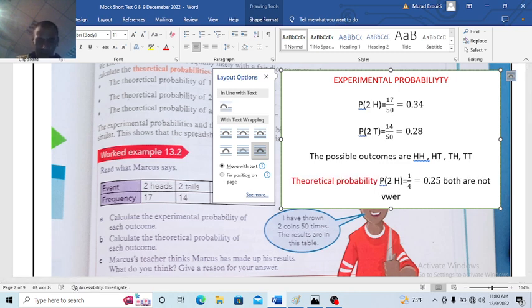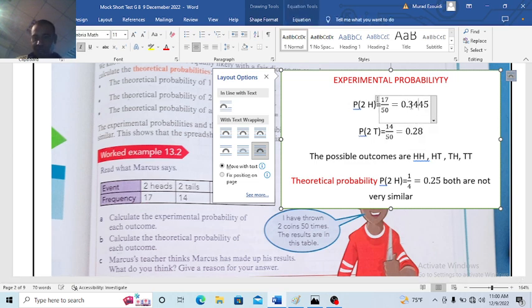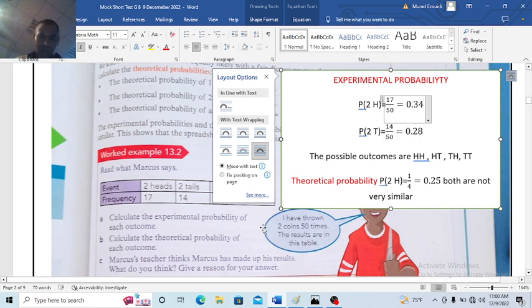In other questions, if we get, for example, the experimental probability of getting two heads as 0.34 or 0.25 or 0.245, and the theoretical probability is 0.25, we can say that both are very similar, but here the answer is 0.34. I wish that you got the point here.